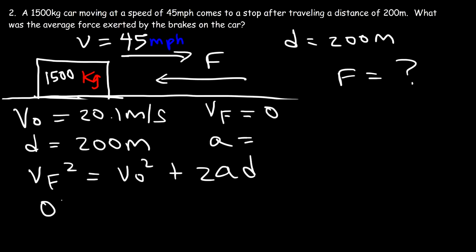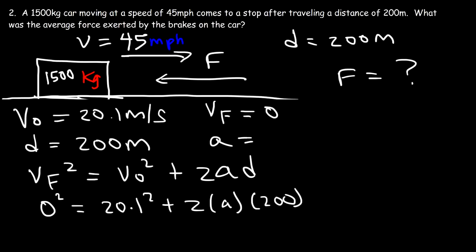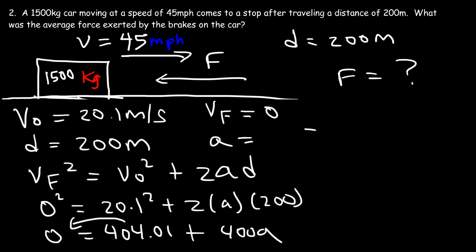So V final is 0, V initial is 20.1, and D is 200. 20.1 squared, that's 404.01, and 2 times 200 is 400. So I'm going to take this number and move it to that side. So it's going to be negative 404.01, and that's equal to 400A.